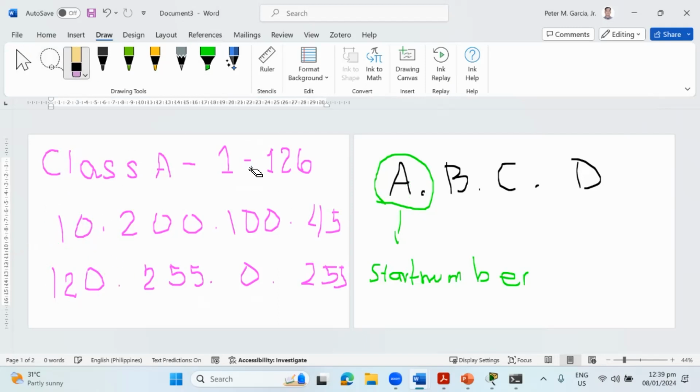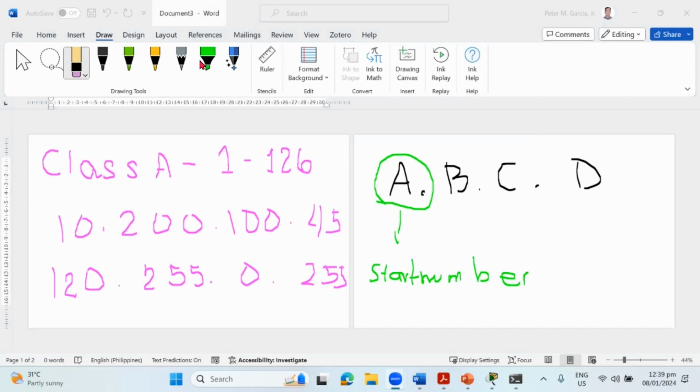Kung ang starting number mo ay from 1 to 126, matik na class A siya. Malaman nyo na class A siya agad.